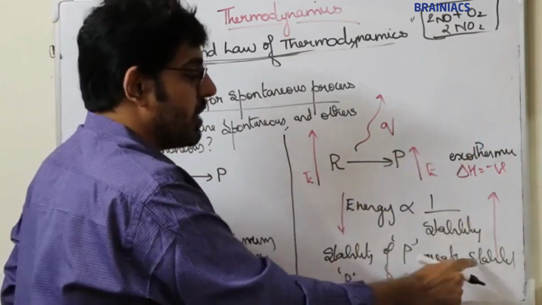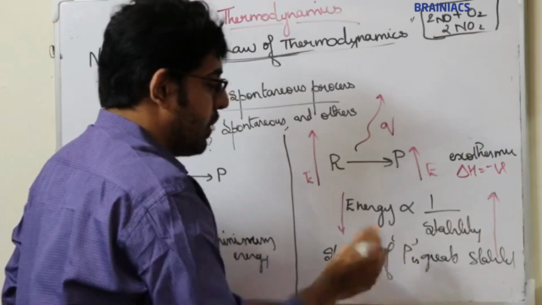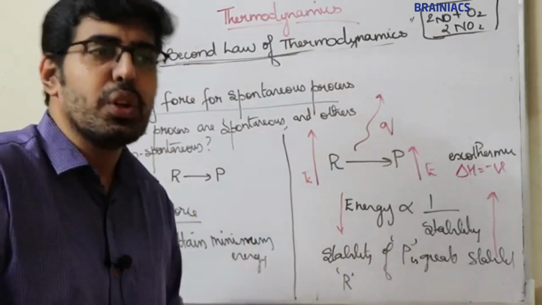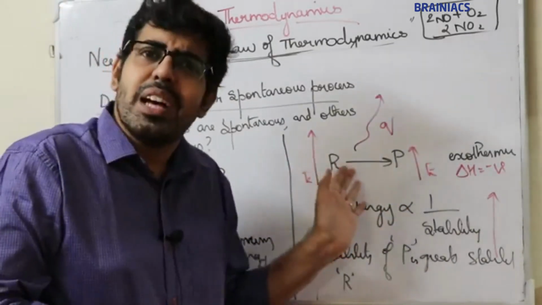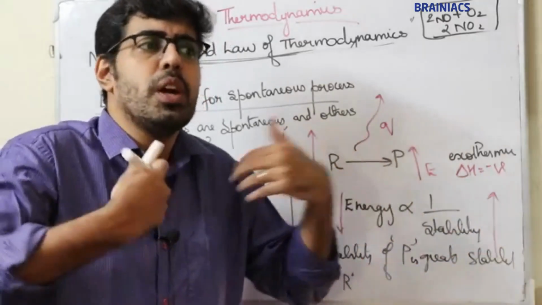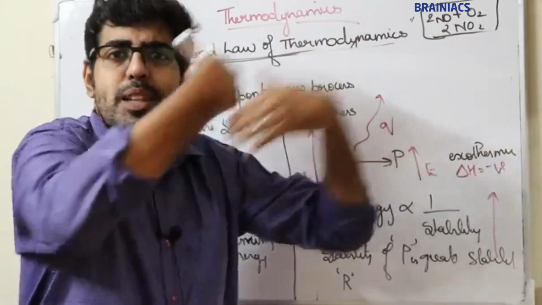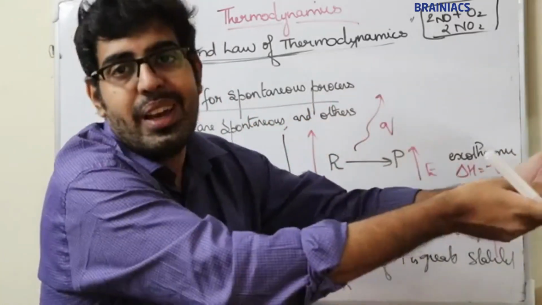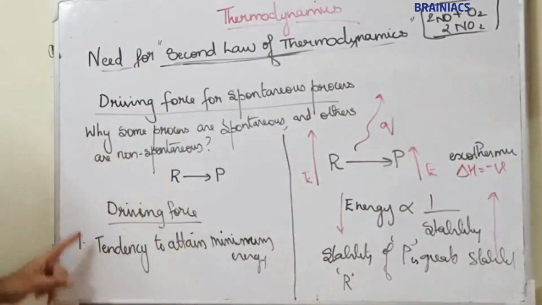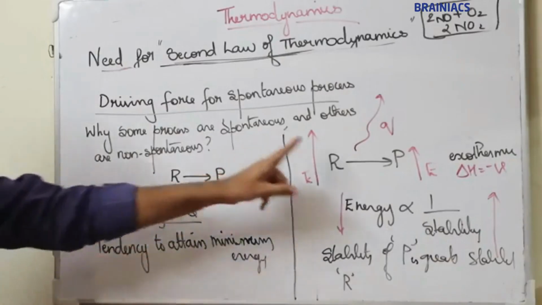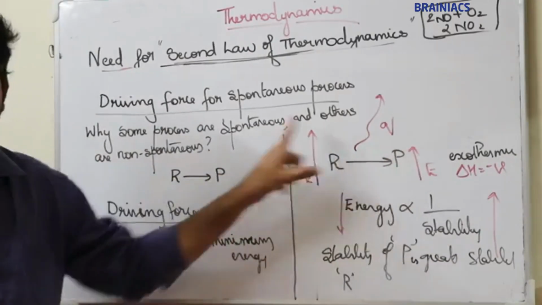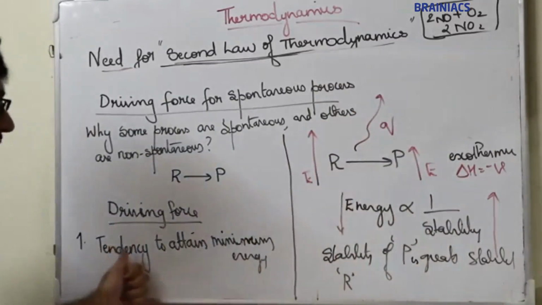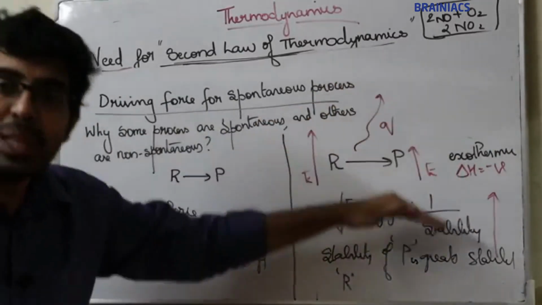I think it's clear. If stability is greater, it means the reaction has a natural tendency to convert to product. So the reactant has a natural tendency to convert to product. Okay, this is the first driving force. The stability of product is greater, which means the energy of product is less: the tendency to attain minimum energy.